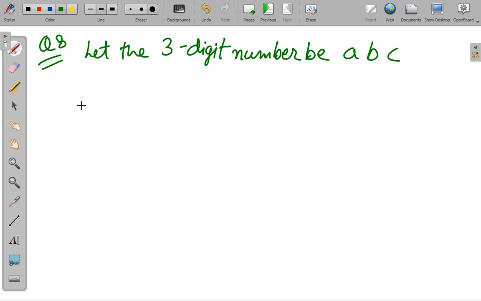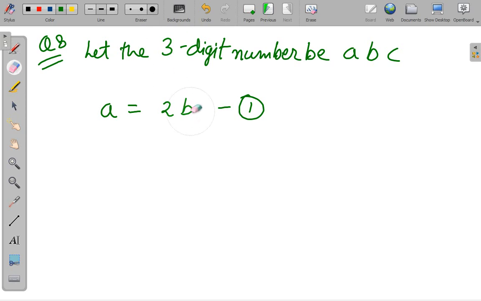So the question is telling us the hundredth digit is twice the unit digit. This is the first equation. Okay, and the tenth digit is thrice the unit digit.